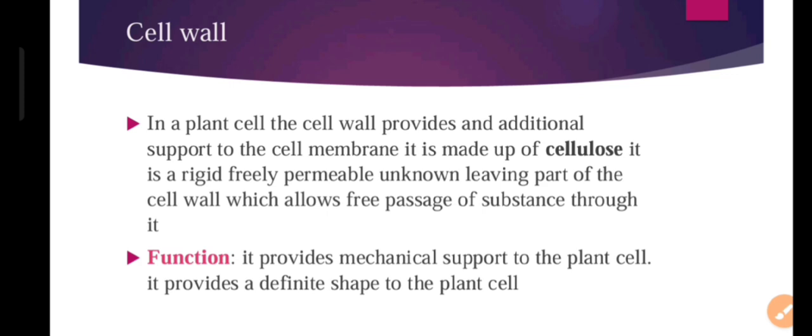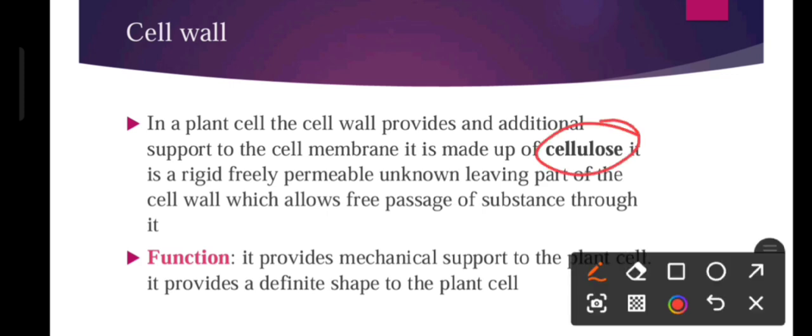See, the cell wall, what is it made up of? Cellulose. Understand, the cell wall is made up of cellulose. It gives shape and rigidity to the plant cell, and it is the non-living part of the cell.